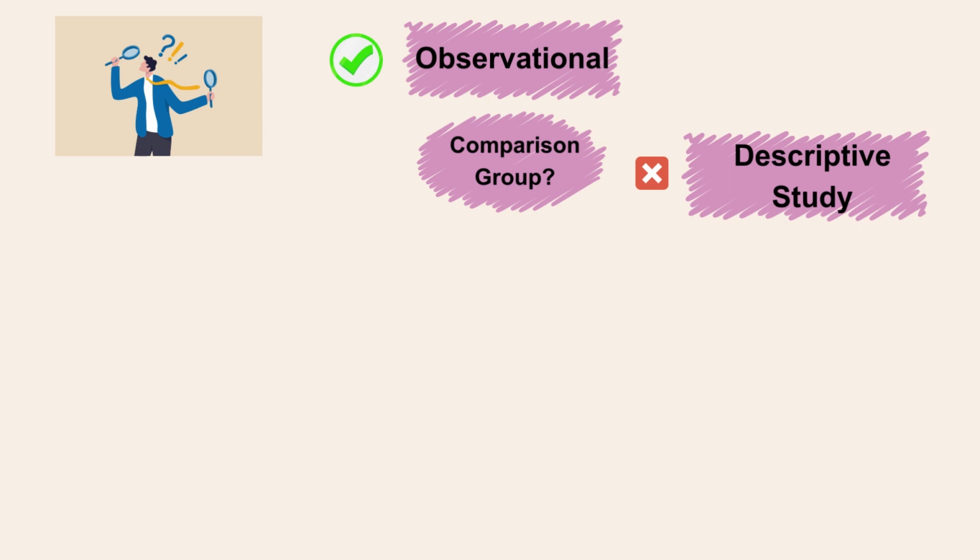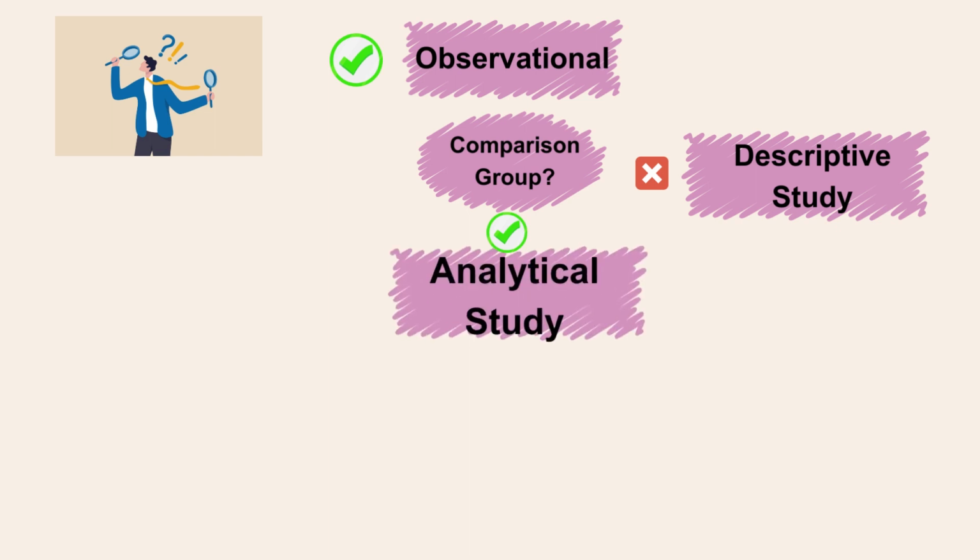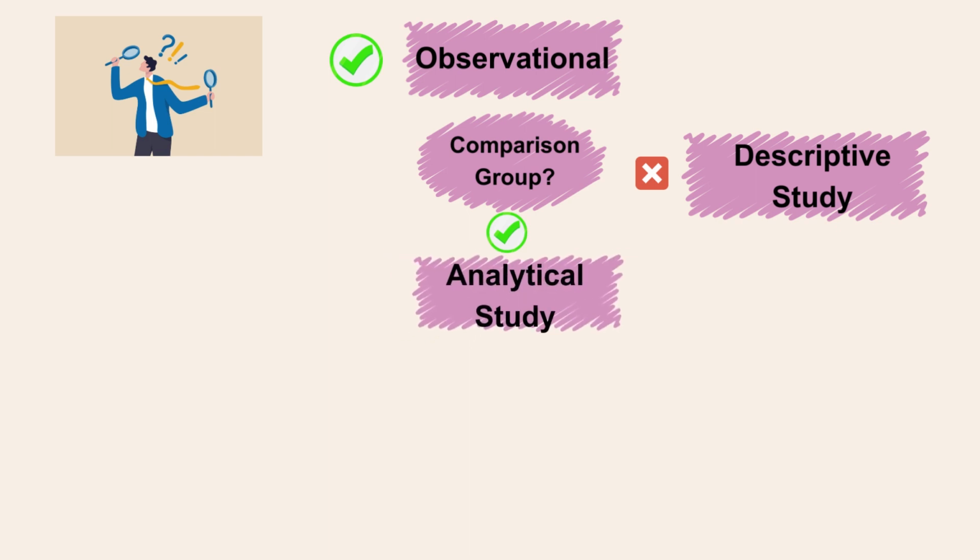And if the answer is yes, that there is a comparison group, then this is going to be an analytical study, which means that it can fall in any one of the multiple analytical studies which are possible.